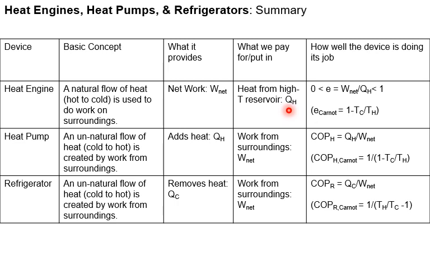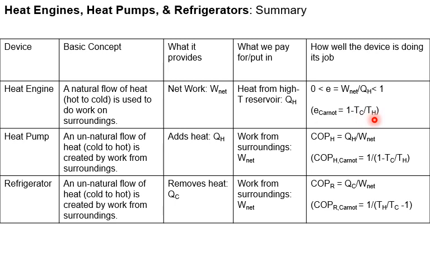And the inefficiency comes in that there's some heat exhaust. That is not work. So how well of a job is it doing? It's the net work divided by the heat added to the engine. That's your efficiency, and that's got to be less than 1, somewhere between 0 and 1. And the theoretical maximum performance is 1 minus the temperature of the cold reservoir divided by the temperature of the hot reservoir.